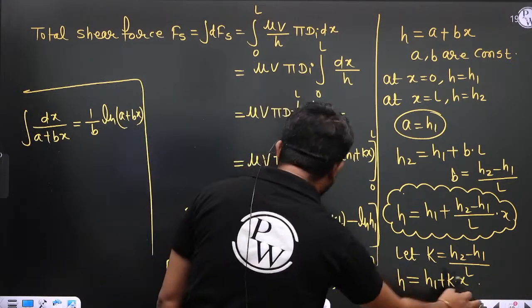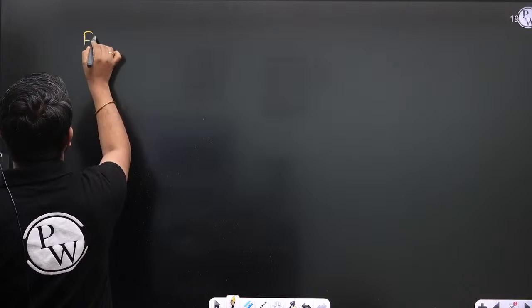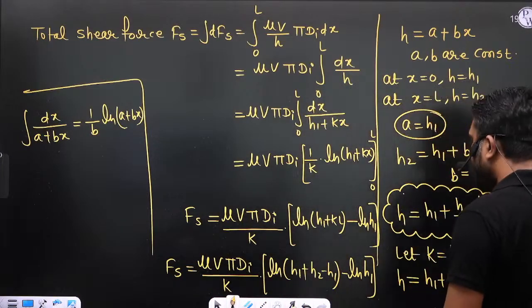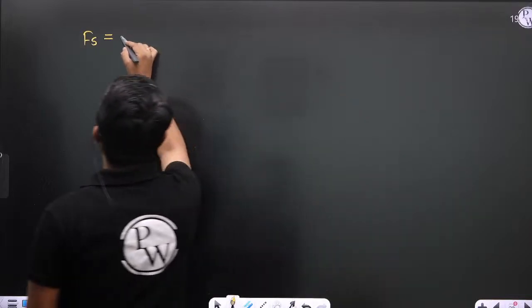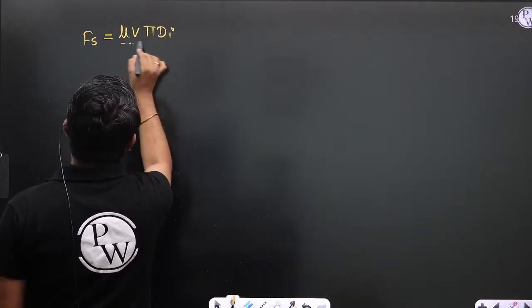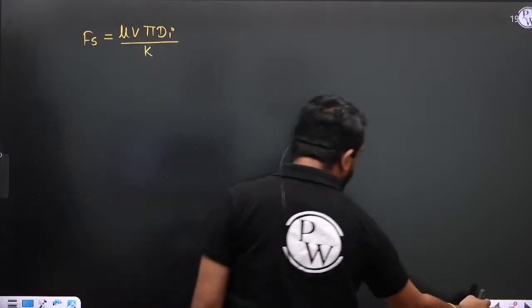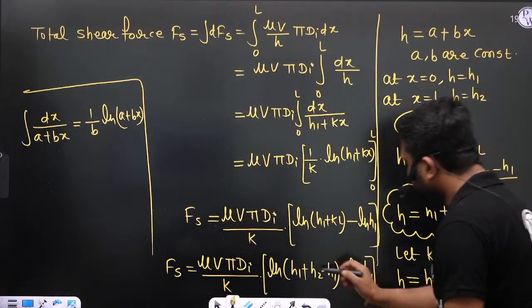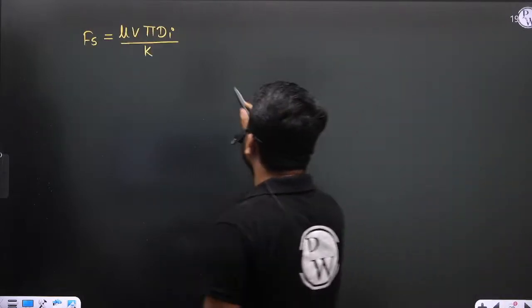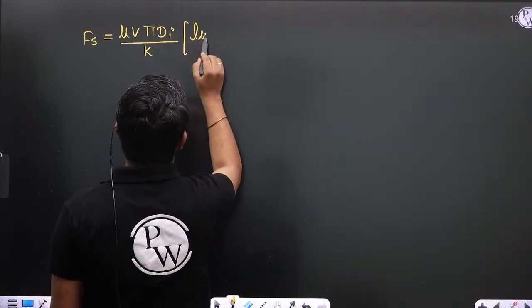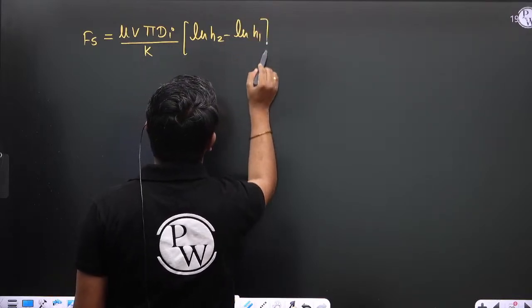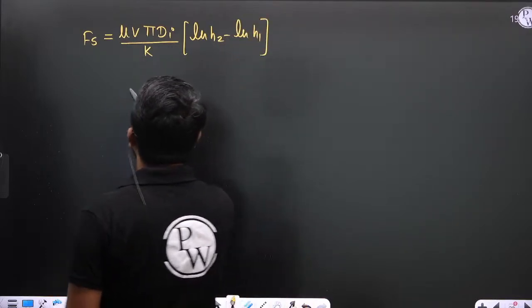Finally the shear force Fs is equal to mu v pi di by k, and h1 cancels out, so ln h2 minus ln h1. Now put the value of k also here.